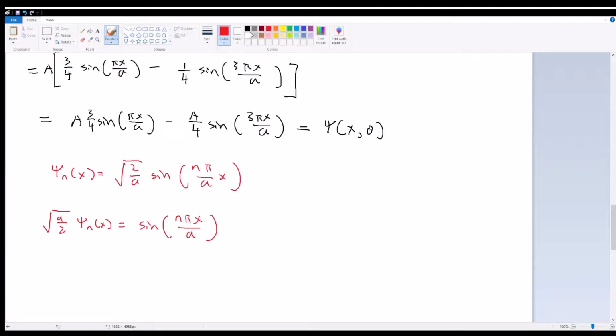So actually psi of x comma 0 is equal to a times 3/4 times square root of a over 2 times psi 1 minus a over 4 times square root of a over 2 times psi 3. So what's going to happen is that this is equal to c1, this is equal to c3, all of the other c terms are equal to 0, and we're effectively done.